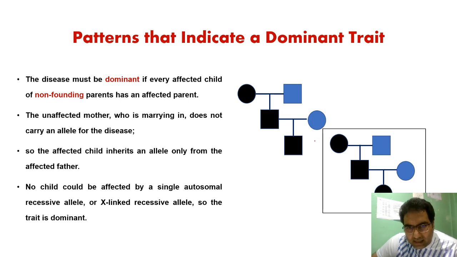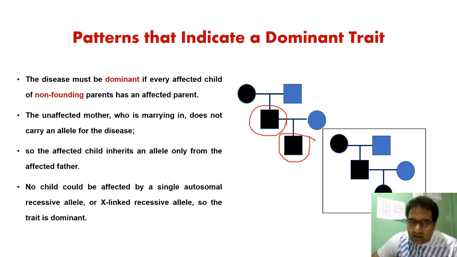Now what we are seeing here is a male child who is diseased, and among these two parents, one of the parents is affected, and this very parent was born to the grandparents, where the mother was affected. So when the trait is present in every generation, and it is affecting both sons and daughters, it means that it is a dominant disease.